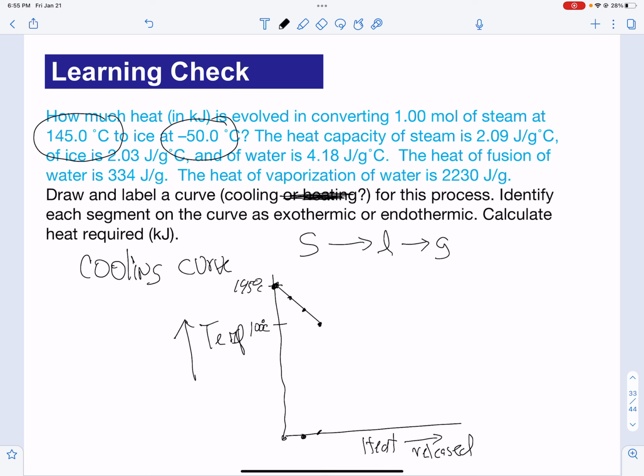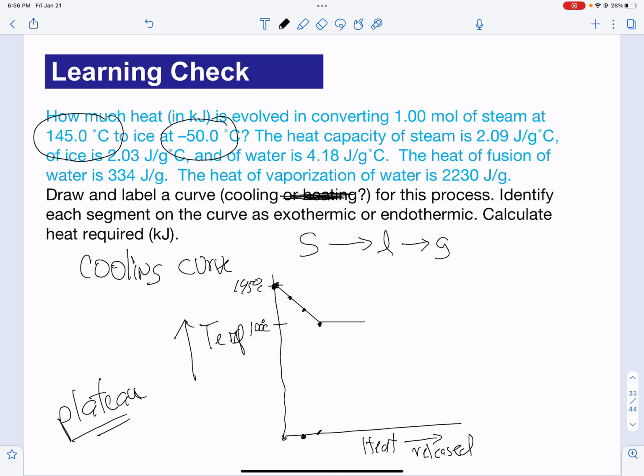Vaporization or boiling and condensation happen at 100 degrees. So at this point, the temperature does not change. That's what we call a plateau. A plateau represents a change of state, and during the change of state, the temperature does not change. So therefore, the temperature remains constant, but heat continues to be released.